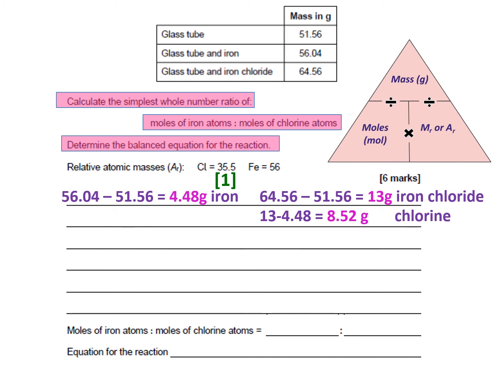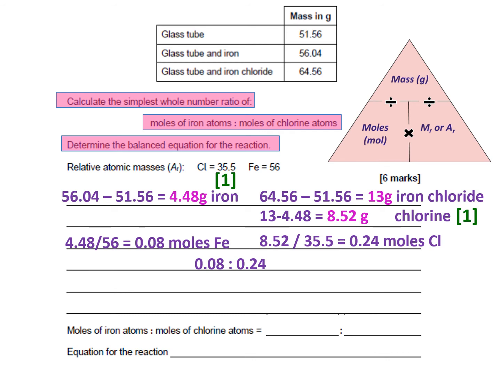Okay, now we have masses of iron and chlorine. We don't need masses, we need to convert those into moles, so we divide the mass of iron by the relative atomic mass of iron, and we divide the mass of chlorine by the relative atomic mass of chlorine. Notice the relationship between those two, so we look at our ratio and convert that into its simplest form by dividing through by the smallest number, and therefore we get our simplest ratio of 1 to 3.